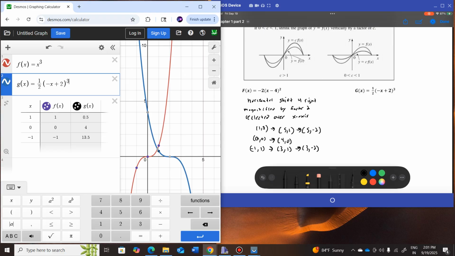So it's flipped across the y-axis. It's shifted horizontally by 2. And it's reduced by a factor of 2.